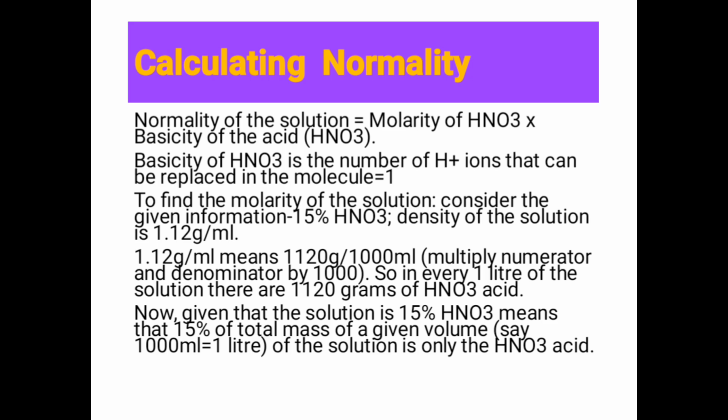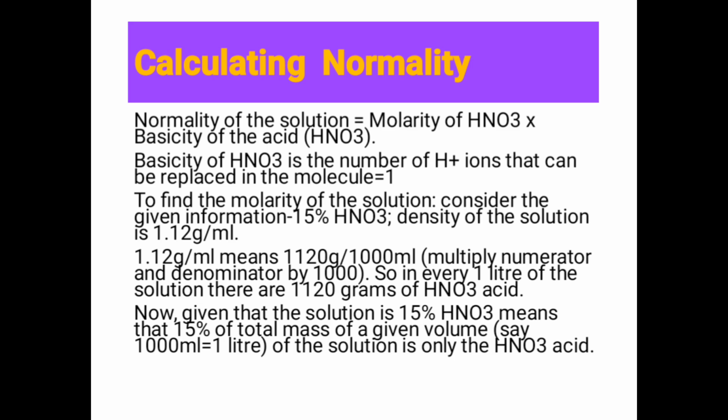You have 15% HNO3, and you know that the density of the solution is 1.12 gram per mil. Usually, each of the acids, especially the strong acids, has a specific gravity or density, and the specific gravity of HNO3 is 1.12. So that means that we have 1.12 gram per 1 mil. That is the interpretation of this density.